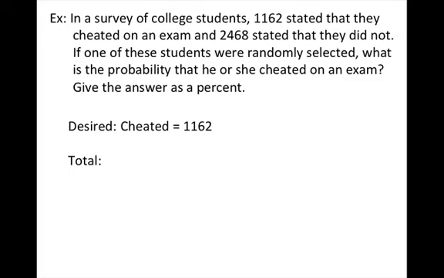Now we want the total. Be really careful with the total. The problem did not give me the total, but my only two options are cheating or not cheating. So if I add these two, I get the total students surveyed was 3,630.